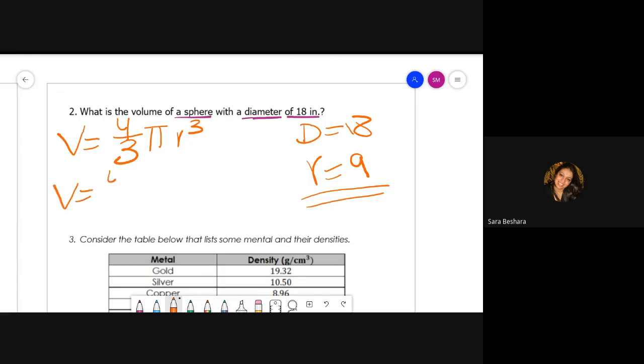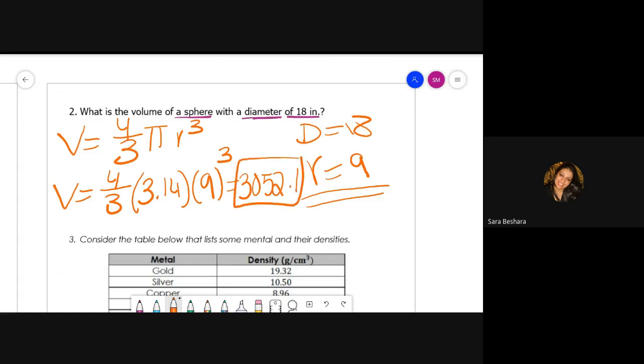That's it. We just plug in 4/3, and then the pi is 3.14. R is 9 cubed. So 4/3 times 3.14 times 9 cubed will give us 3,052.1 inches cubed.